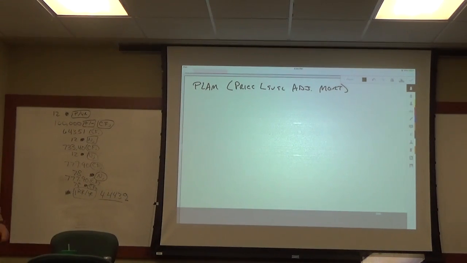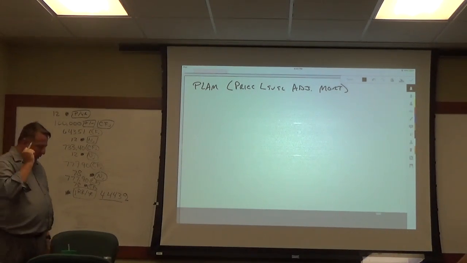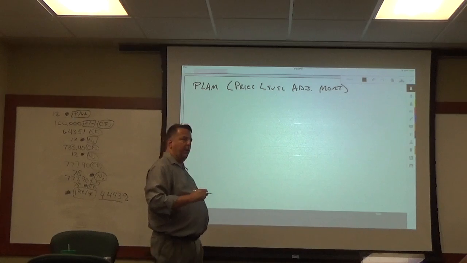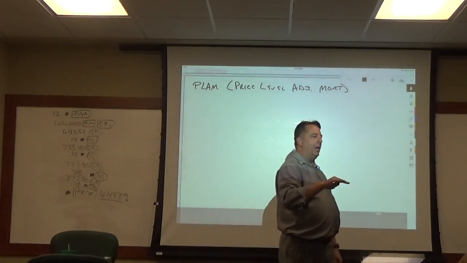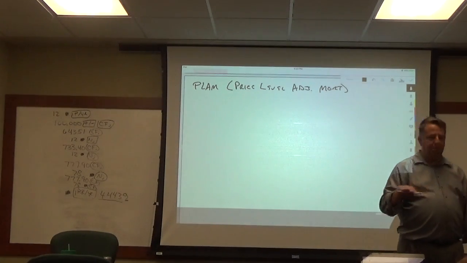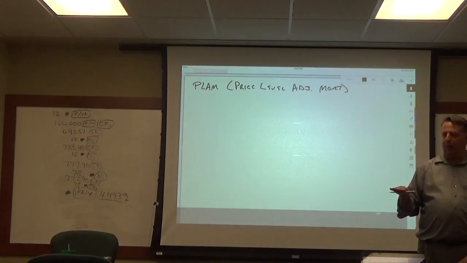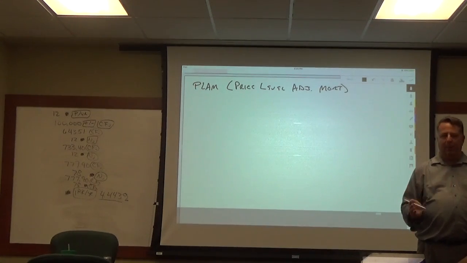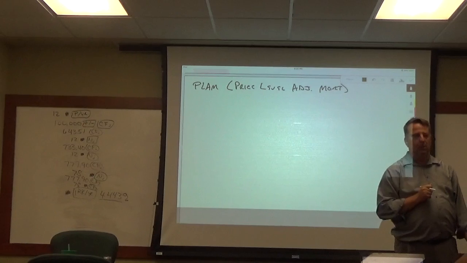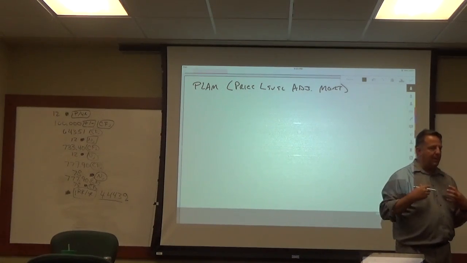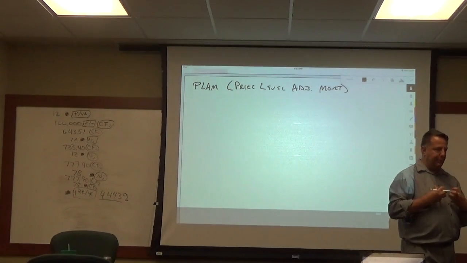Okay, with the price level adjusted mortgage, here's what happens. You offer the consumer potentially a relatively low base interest rate on the loan. Just follow me conceptually for a moment. But, and that, once again, pulls them in the door. Relatively low interest rate.